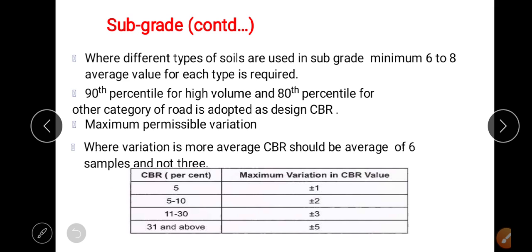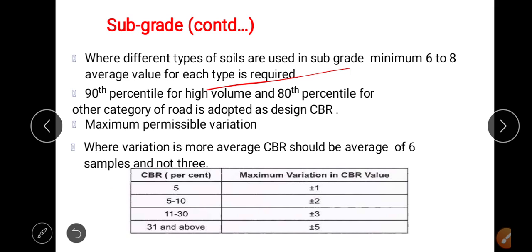You should not forget. Where different types of soils are used in subgrade, a minimum of 6 to 8 average value for each type is required. So always you have to go for at least 6 to 8 trials and the average value should be reported as the CBR value.